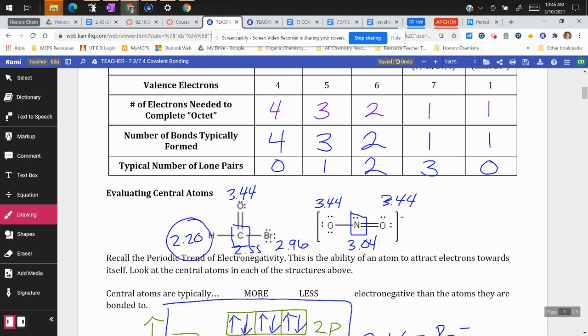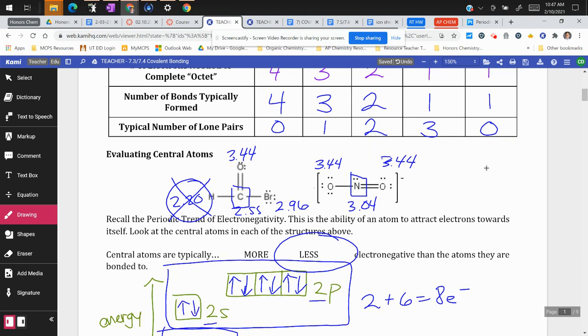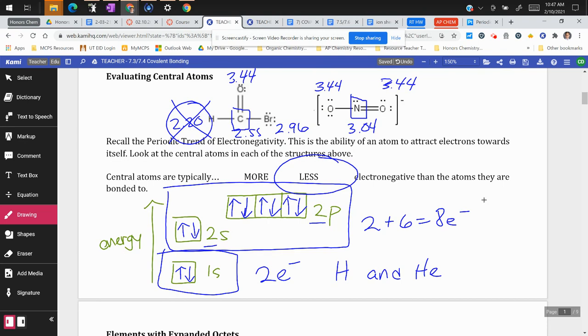Hydrogen's going to deviate from that pattern, and we know hydrogen is special, so I'm actually going to ignore hydrogen's electronegativity here. But if I look at the other values, I see that the central atom has a lower electronegativity than the atoms it's bonded to. So central atoms typically have less electronegative atoms than the atoms they are bonded to. Again, I use that word typically. What we're looking at here is a series of common bonding patterns. These common bonding patterns hold true most of the time, but sometimes we can deviate from a pattern.